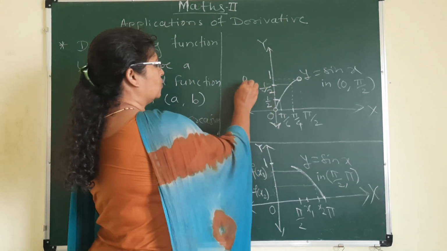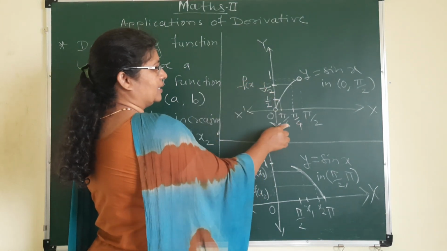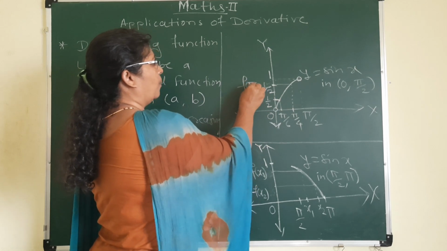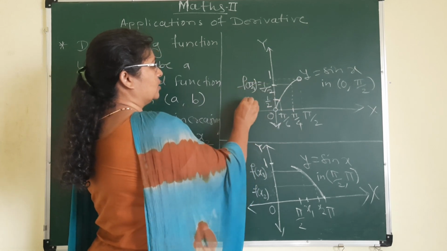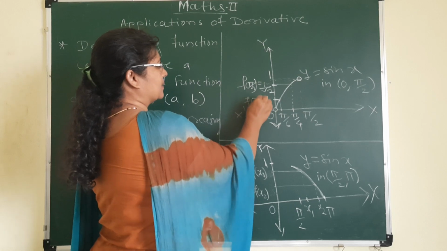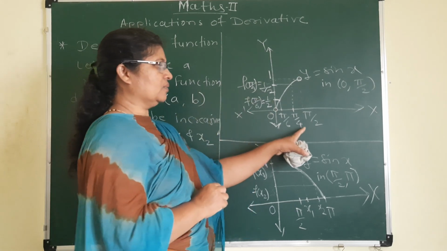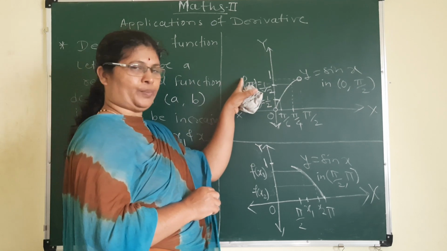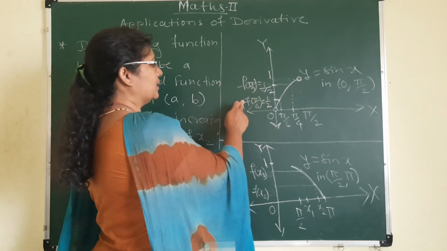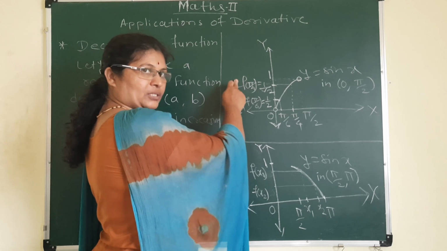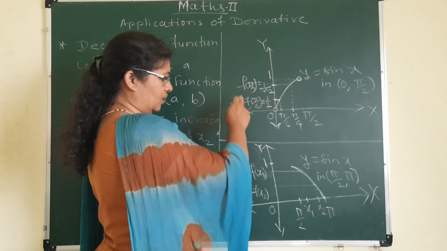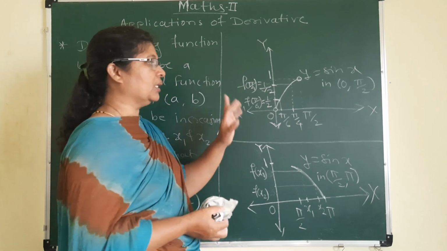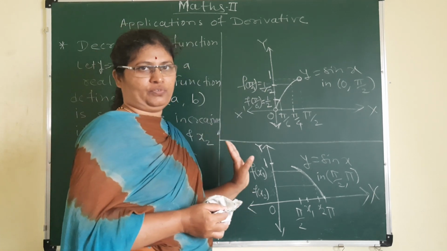Here this one is your f of x1, that is f of x2, that is f of pi by 4, and this one is your f of pi by 6. This is x1, this is x2. Here f of x2 is greater than f of x1, and here f of x1 is greater than f of x2. This is the difference between increasing and decreasing function.